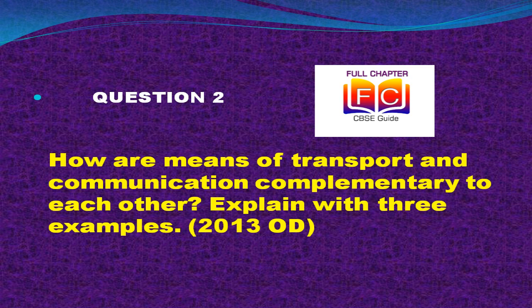Next question. How are means of transport and communication complementary to each other? Explain with 3 examples. Answer. Transport and communication establish links between producing centers and consuming centers. Trade or the exchange of such commodities relies on transportation and communication.